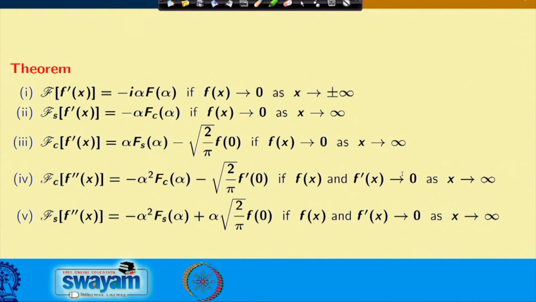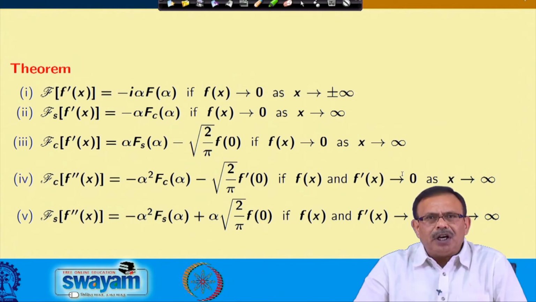Number 1, the Fourier transform of f'(x), that is the derivative of a function. If I know the Fourier transform of a function, then the Fourier transform of the derivative of the function can be expressed in terms of the Fourier transform of that function. Again, these are similar properties to what we studied when we were doing the Laplace transform.